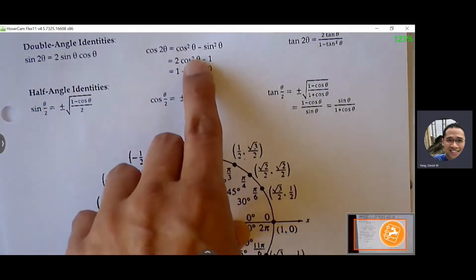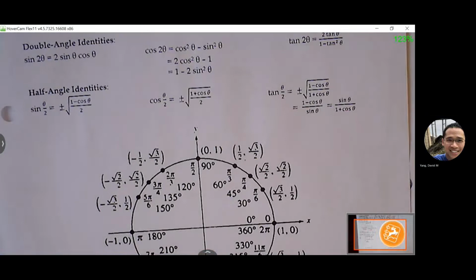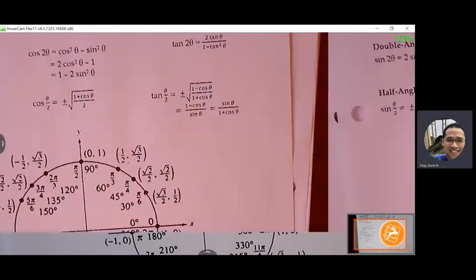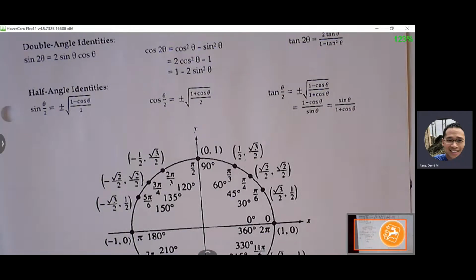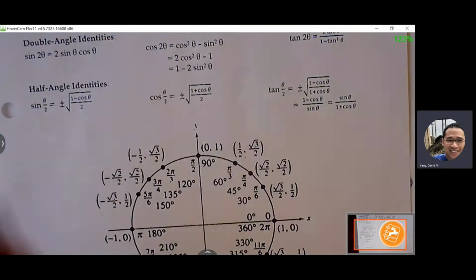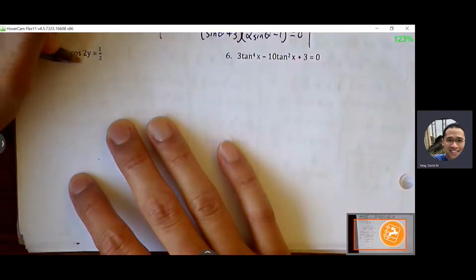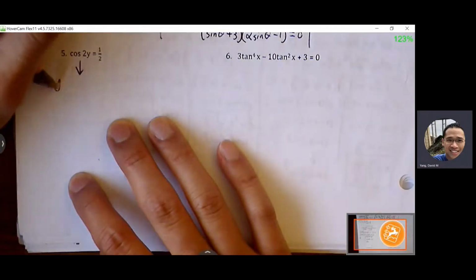So I would say either the 2 cosine squared minus 1 or 1 minus 2 sine squared. Maybe the 2 cosine squared theta minus 1 looks easier because the cosine squared is already positive, but the second or third one, they're both going to work. Okay. So double angle expansion.